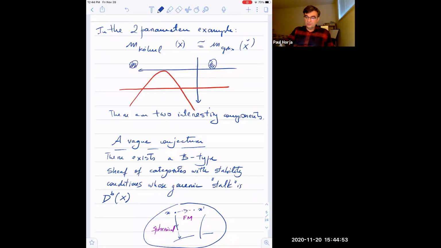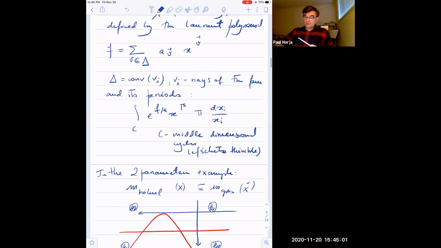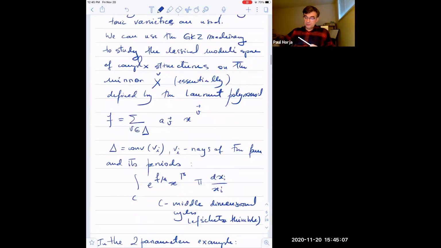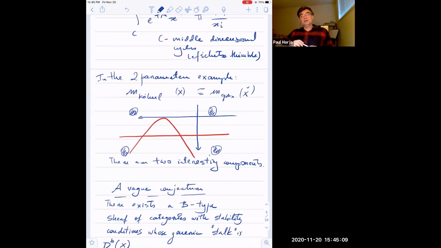I had these four resolutions, and these four resolutions correspond to these four regions in the moduli space. And this can be made quite precise in this example.